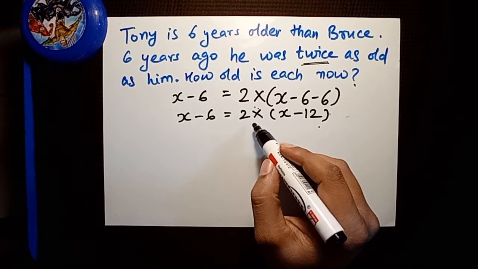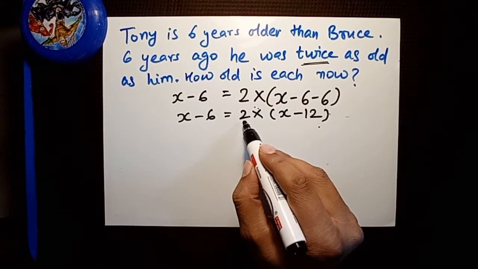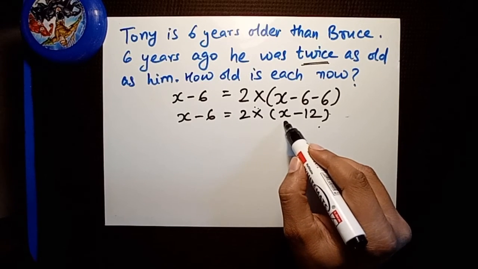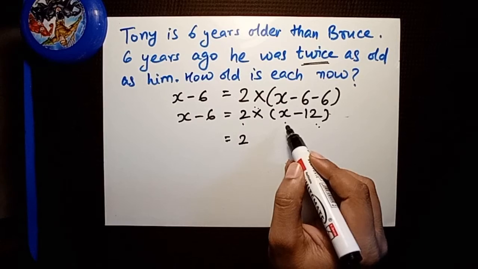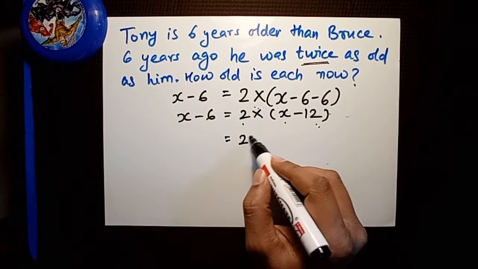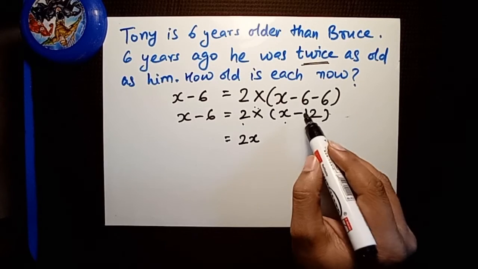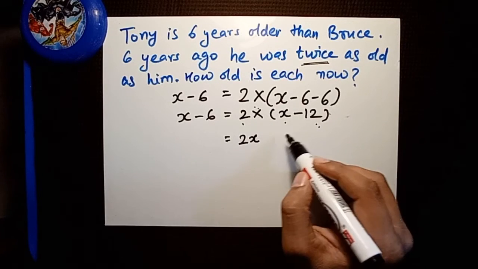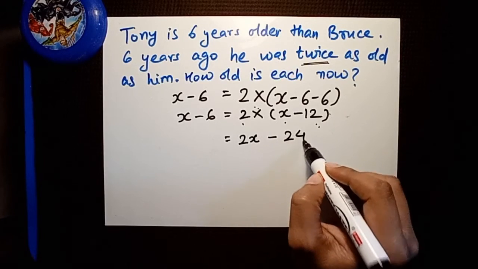Now multiplication has a distributive property, meaning this 2 gets multiplied to this and also to this. So I can write it as 2x. 2 multiplied by x is 2x, 2 multiplied by minus 12 is, the negative sign remains, minus 24.